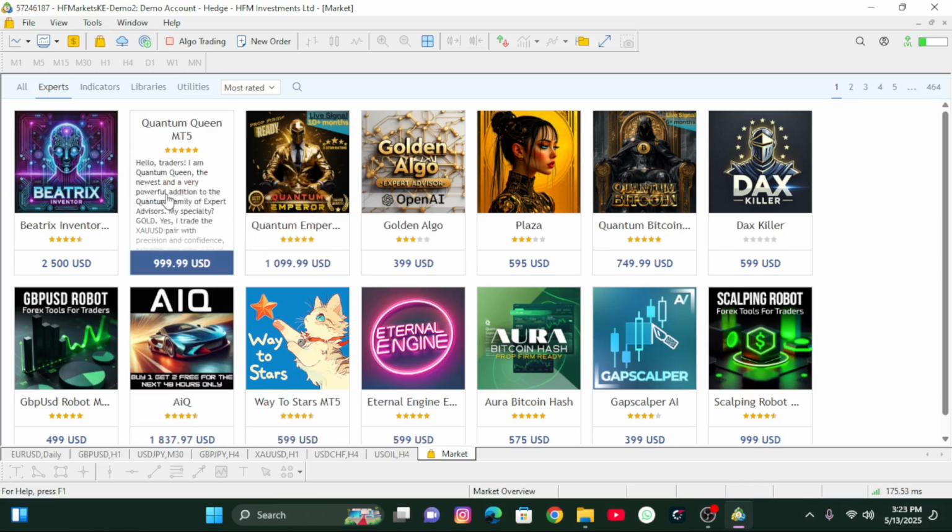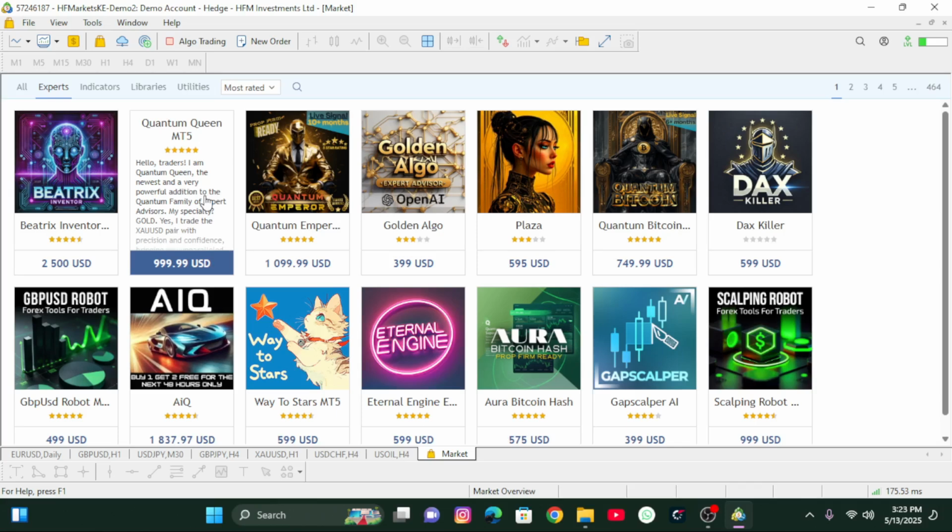If you hover your mouse on top of them, you can read the different types of bots here. And if you are interested, there's a price tag attached below it that you'll have to pay. So these are paid for bots.